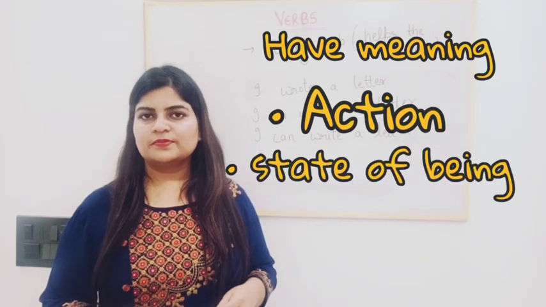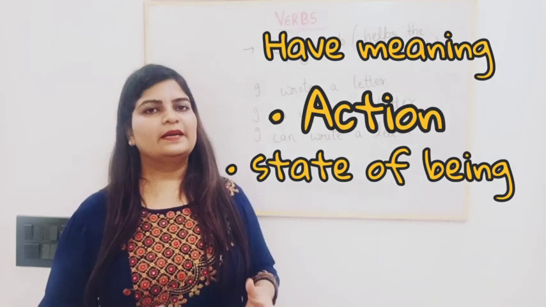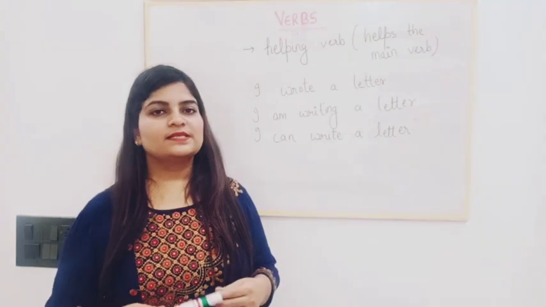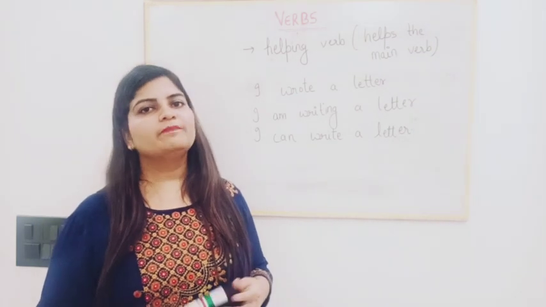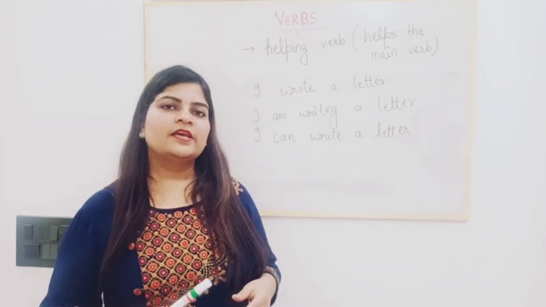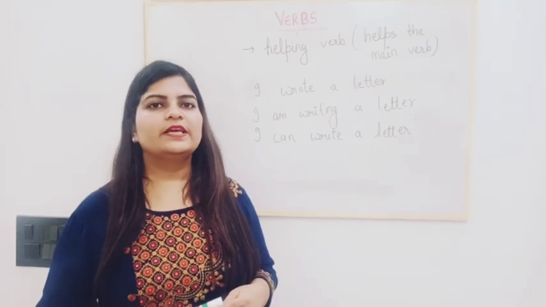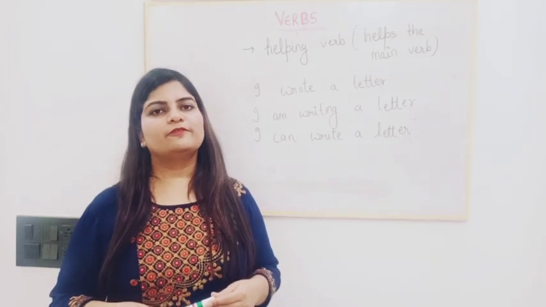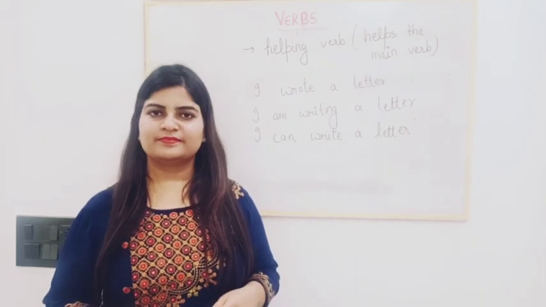Those lexical verbs which express an action are action verbs or dynamic verbs. Those lexical verbs which express a state of being are linking verbs or static verbs. There are some other forms of verbs which are included in the linking verbs, and which were the forms of be, do and have.